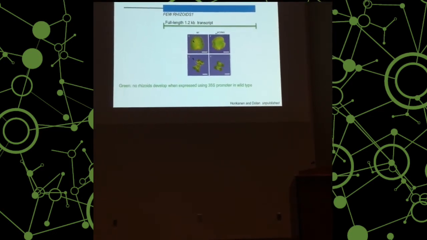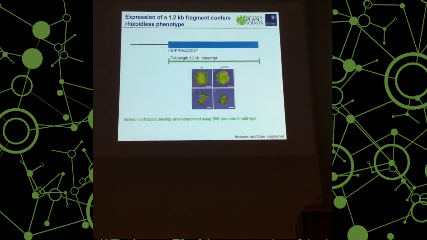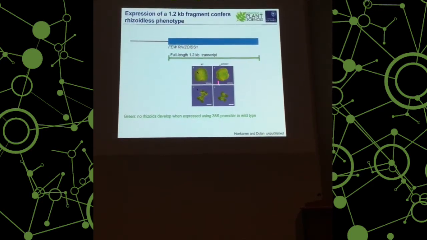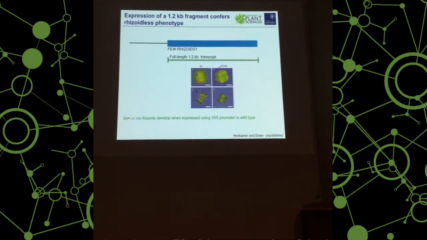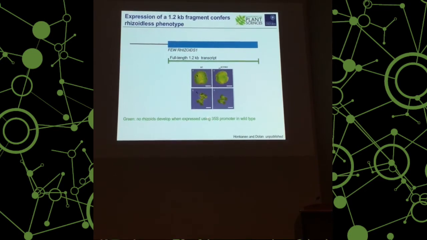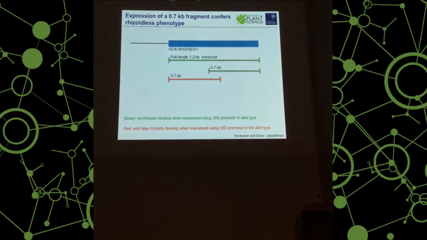So what we did then is, the experiment I just showed you was where we took the 1.2 kb transcript and then introduced it using the actin promoter, okay, and we repressed rhizoids. So the code I'm going to use is, in green there's no rhizoids developed when using a 35S or an actin promoter.